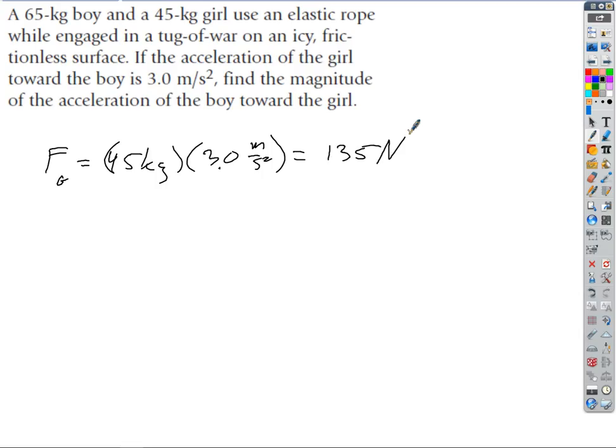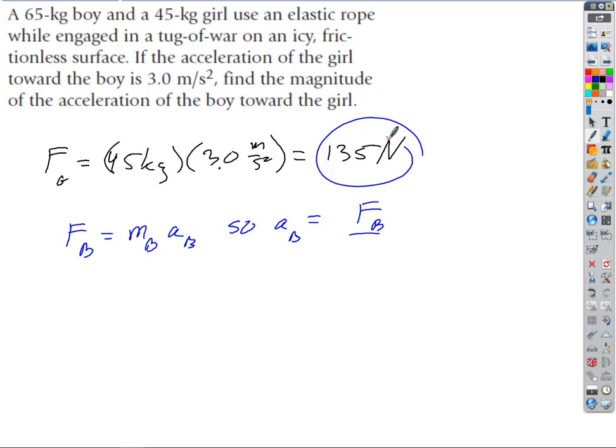So if we want to find the boy's acceleration, we know that F sub boy equals mass of boy times acceleration of boy, so the acceleration of the boy equals the force acting on the boy, which is that same 135, divided by the mass of the boy, right?